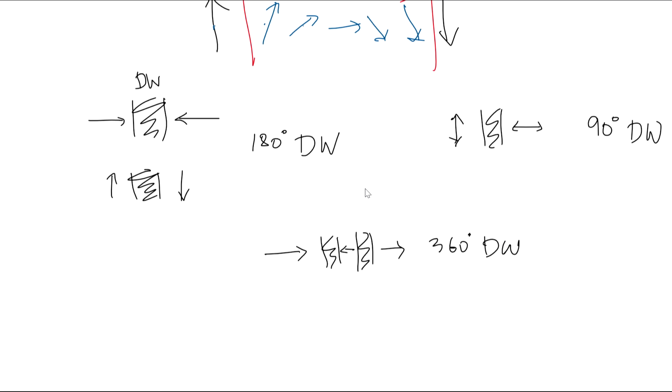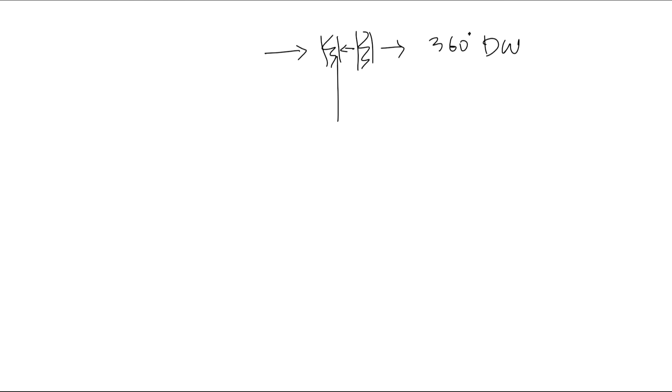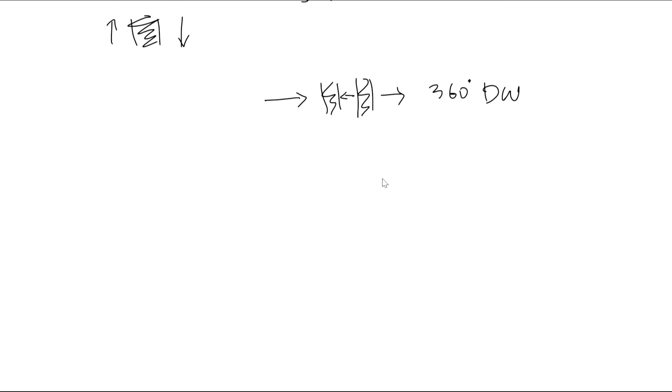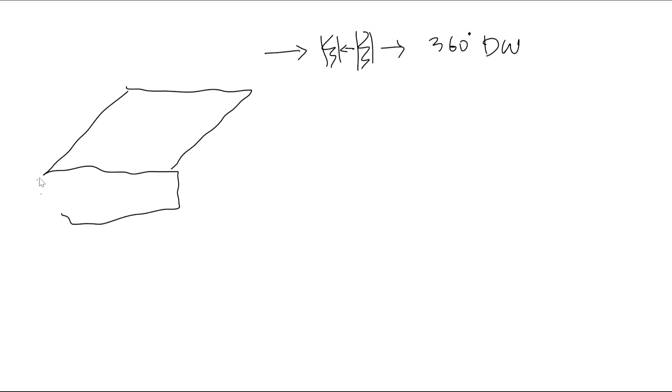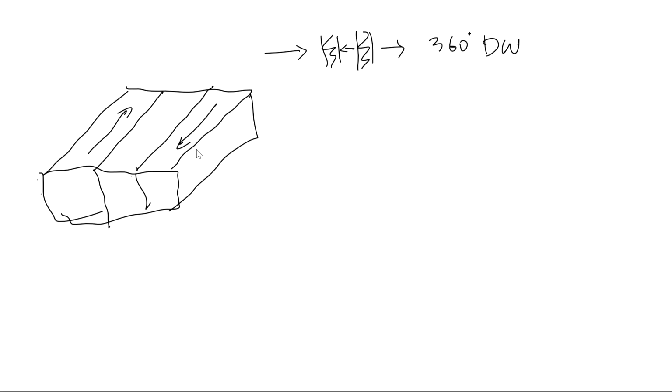Also, how do you go from one orientation to another? I can draw this for you. If this is a material, and imagine you have one area magnetized this way, here's a domain wall, and this area is magnetized that way.